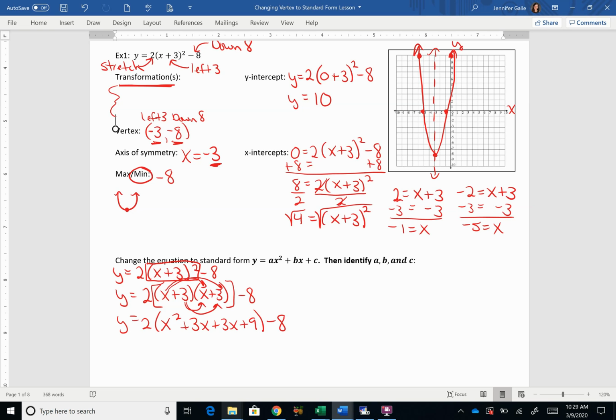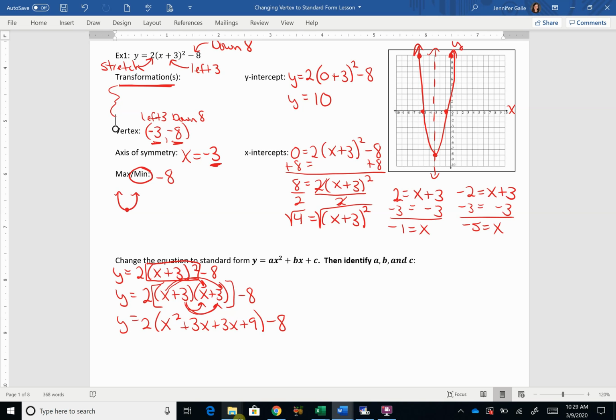The thing we have to notice, from when we reviewed a couple classes ago, we still have that 2 out front, and we still have a -8 off the end. The plus 9 is when we do 3 times 3. 3 times 3 is where we get this 9.